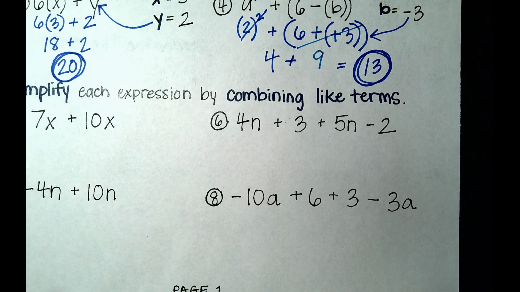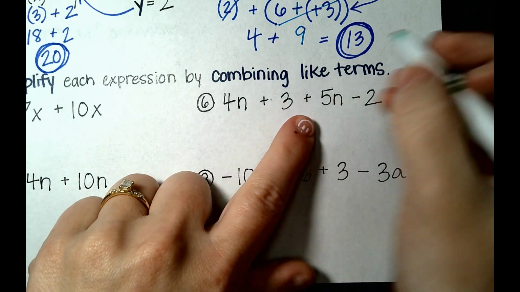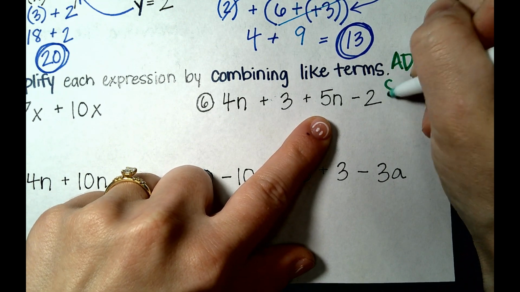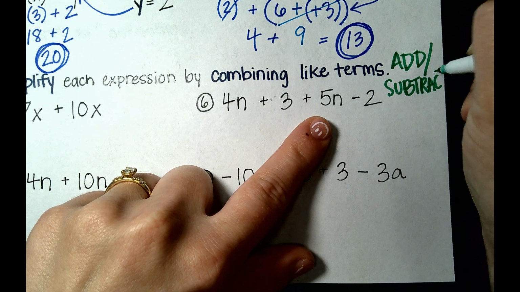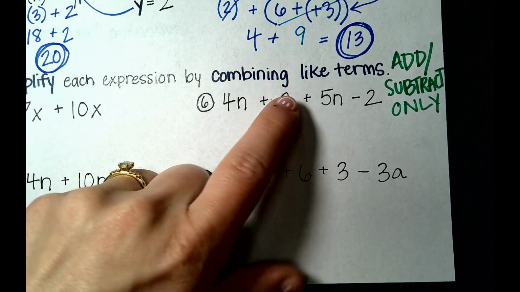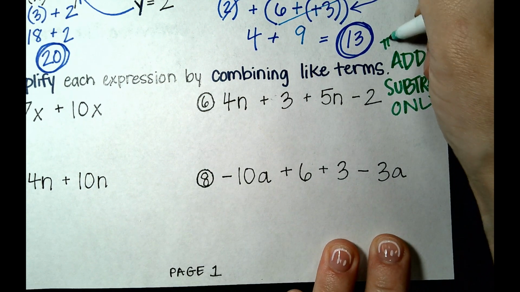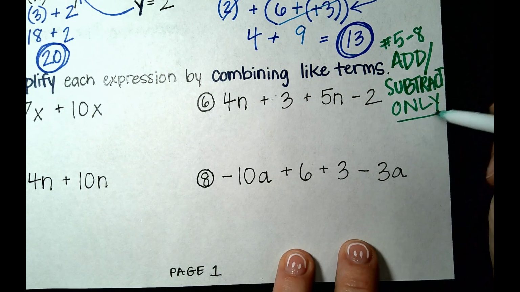So I'm going to write a little note to the side so that I can remind myself when I take the quiz: I'm only adding or subtracting. I'm not going to multiply anything. Numbers 5 to 8: add and subtract only.